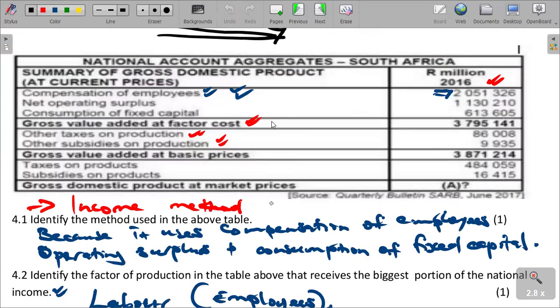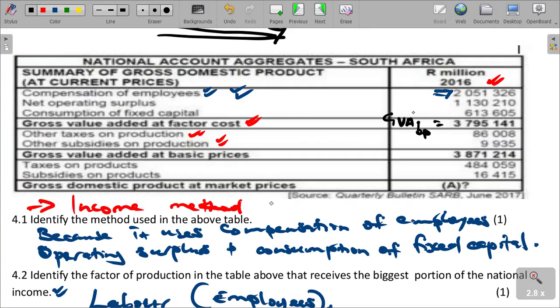We want to look at gross value added at basic price, which can be given as BP.